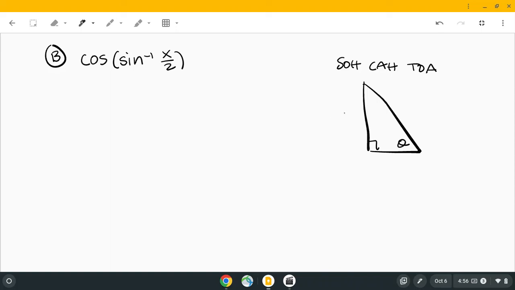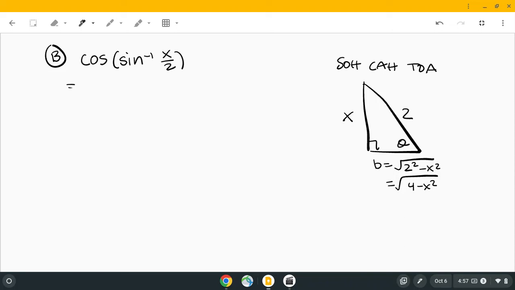Okay, so x is opposite, 2 is hypotenuse. And then I can find this missing side by using the Pythagorean theorem. I'll call this B. So this is going to be square root of 2 squared minus x squared. So that's going to be 4 minus x squared. 4 minus x squared. Here, let me write that a little more clear. Okay. And again, just like the previous problem, there's really not much more you can do with this because x is a variable, not a number. And unless you know what x is, you can't do any more with this.